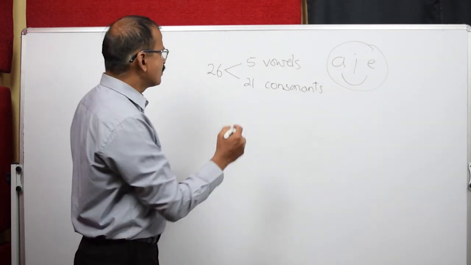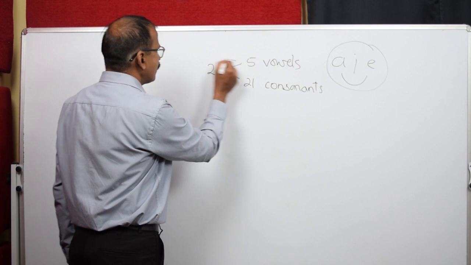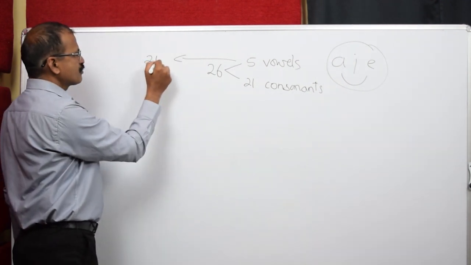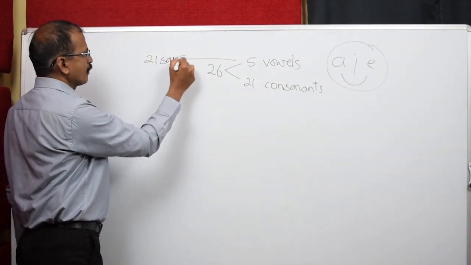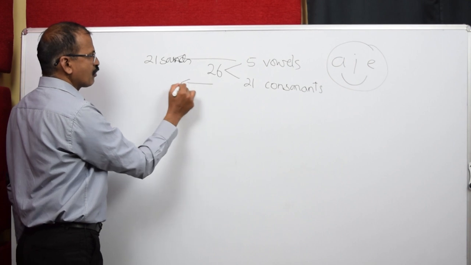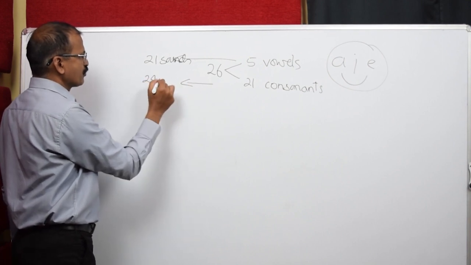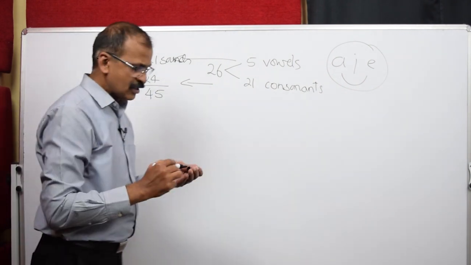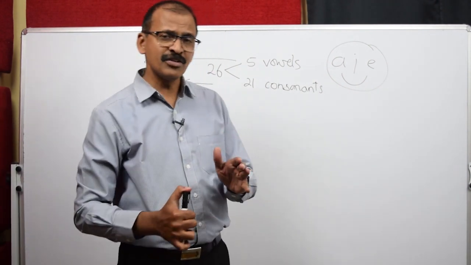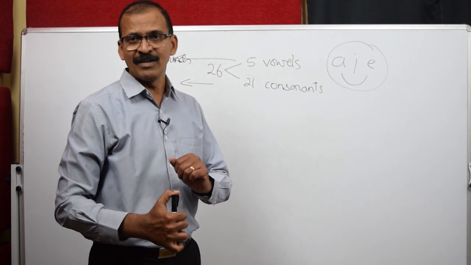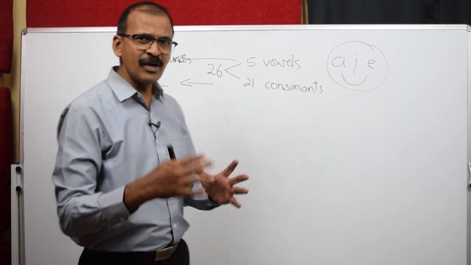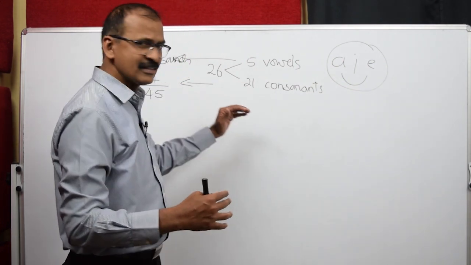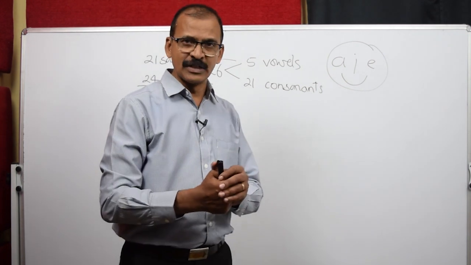But then what happens is, these 5 vowels have 21 sounds, and these 21 consonants have 24 sounds. So, totally in English we have 45 sounds. So, technically speaking, English should have had 45 letters, but we use only 26 letters and make various words.